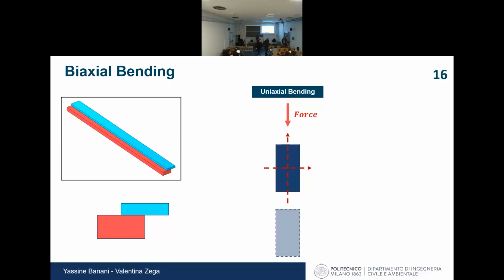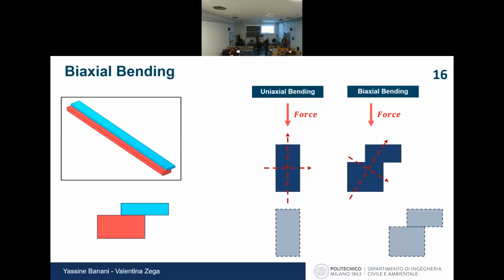You push with a horizontal force, you have horizontal displacements only. With non-symmetric sections, the principal axis is not the vertical one. So if you push with a vertical force, you have a vertical and horizontal displacement. So basically, you push this vertically, it will move diagonally. So we have a coupling between two displacements, and we can use this as a coupling mechanism.